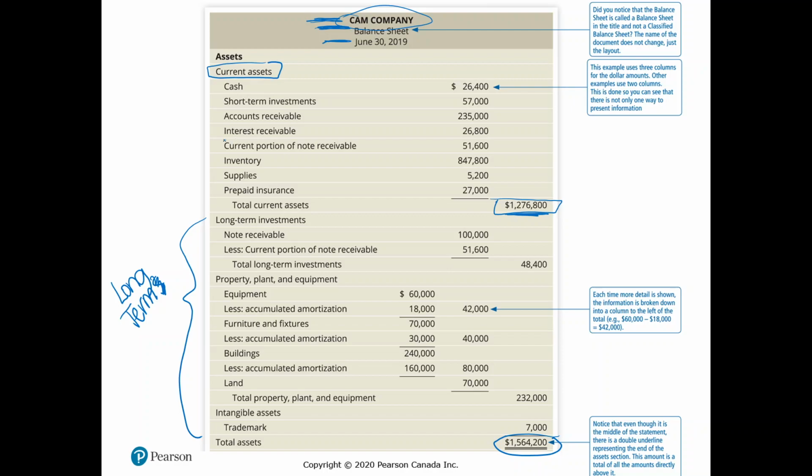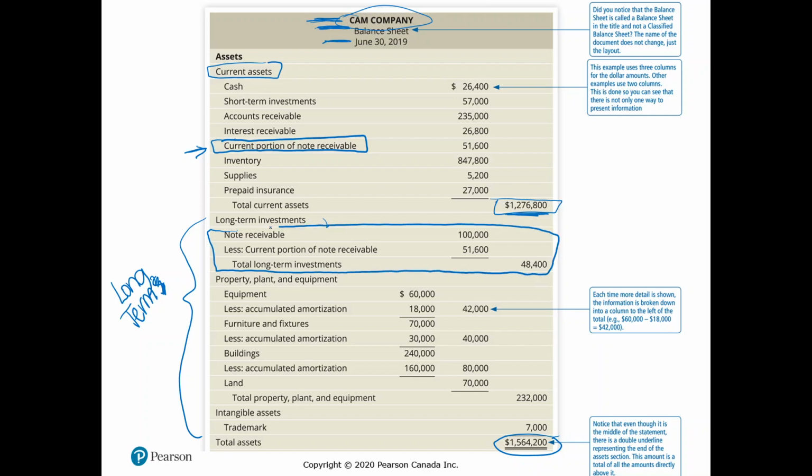So a couple of things that I want to pick out here. And the first one is discussing this note receivable. So we see in the current assets section, the current portion of the note receivable. And then down here in the long-term section, we can see this broken out. So this is an example that shows that an item can have a current portion and a long-term portion.